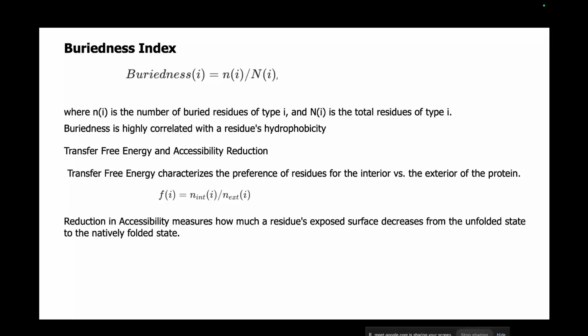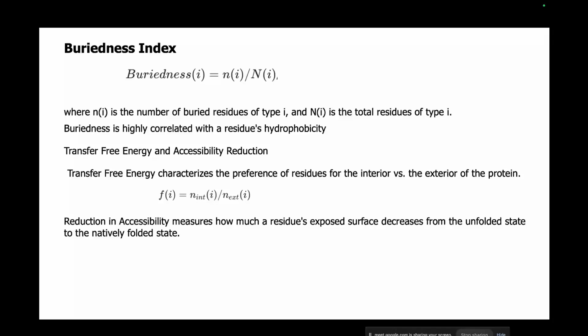And to calculate the free energy, you take the ratio of the internal to the external number of residues of that particular type. For example, for polar residues, how many are externally situated and how many are internally situated? You calculate this F, and use it to calculate the Gibbs free energy, which is delta G equals negative RT log F_i.